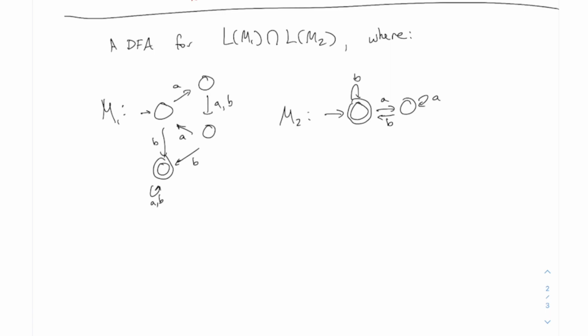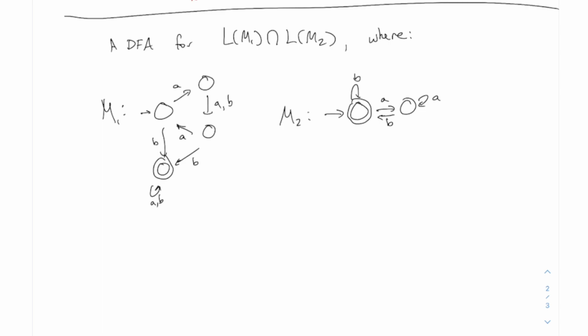Okay. Let's do the product construction to make the intersection. So what we got to do is, I'm going to give names to all these states. I made the circles a little too small, sorry.